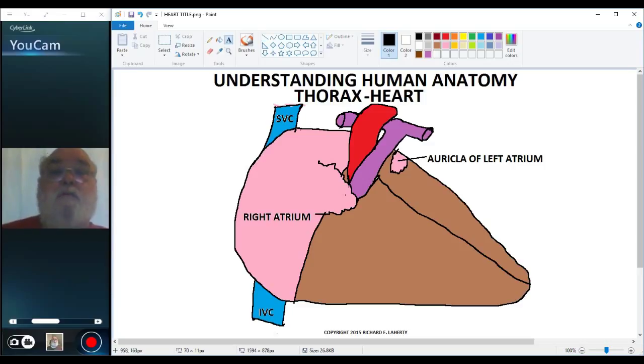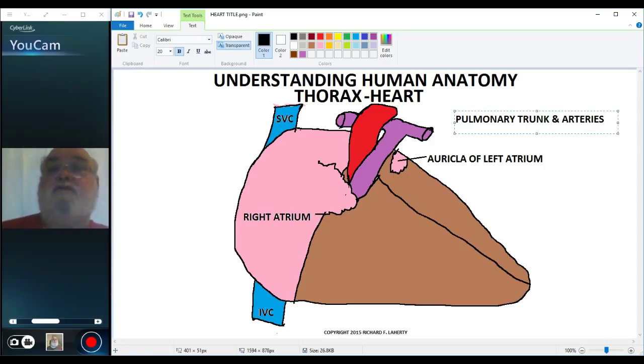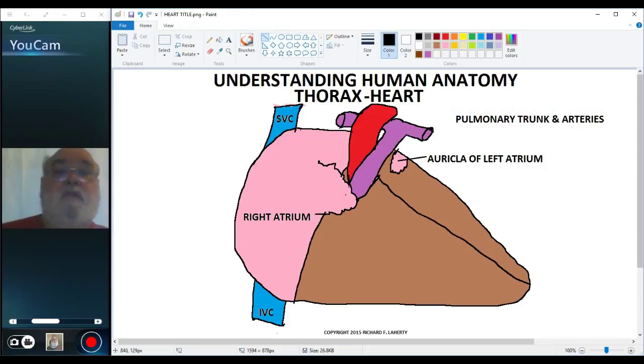And in purple, we have the pulmonary trunk and the pulmonary arteries. The pulmonary trunk branching into the left and right pulmonary artery.